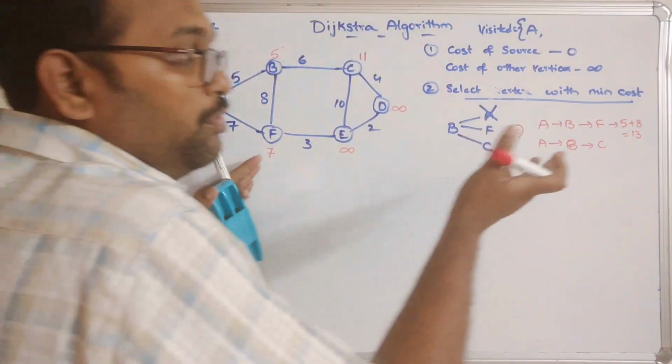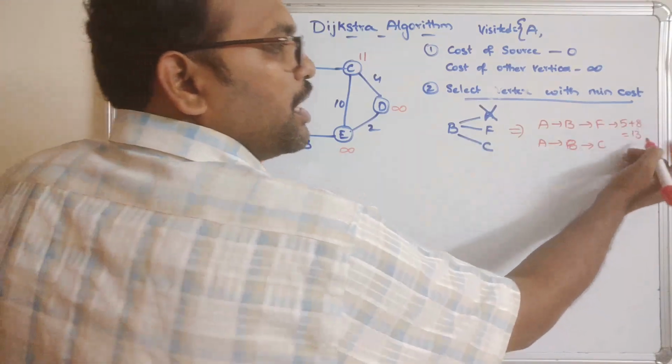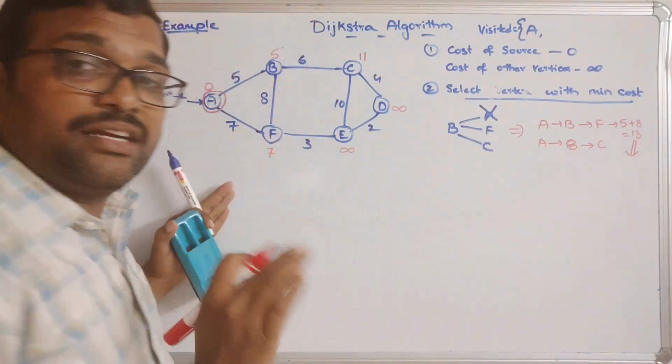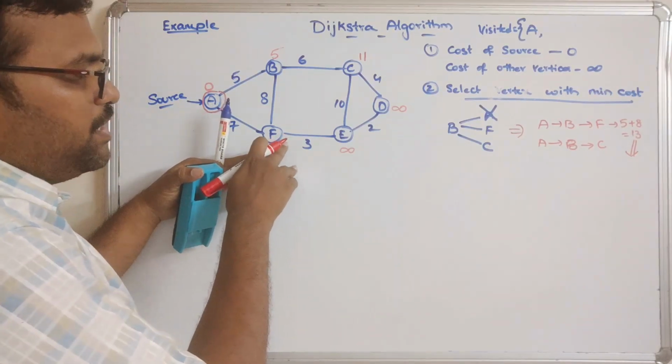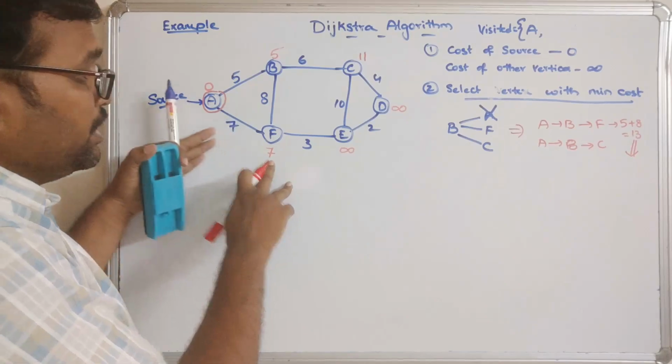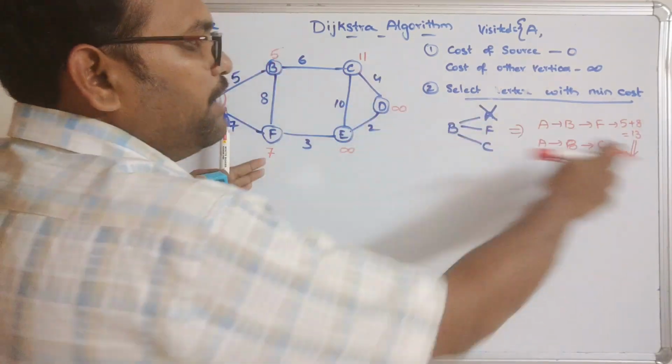So we need to compare the existing cost and the calculated cost, and select the minimum. Here F already has 7, the shortest path from A, and through B it will be 13.